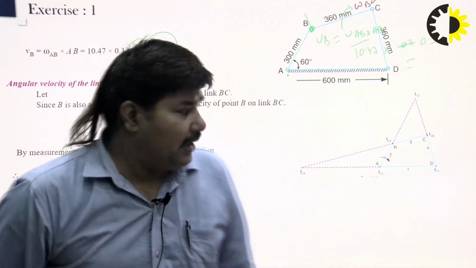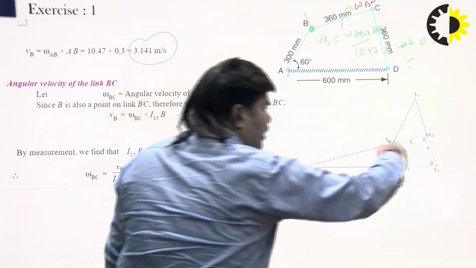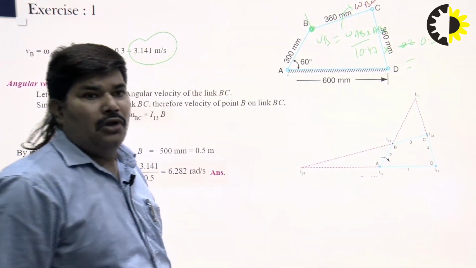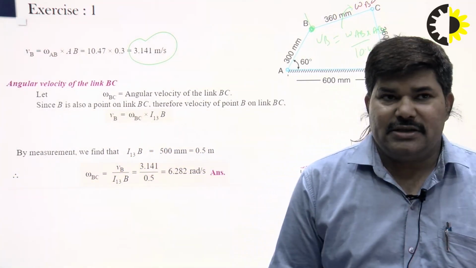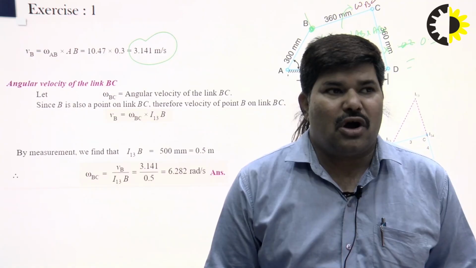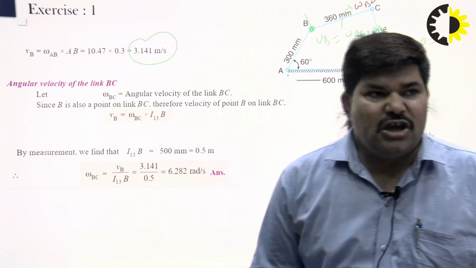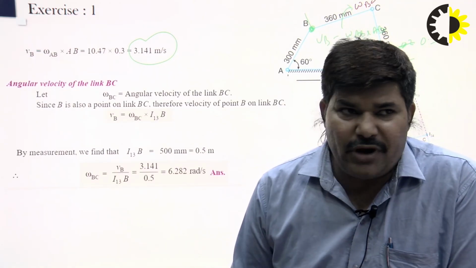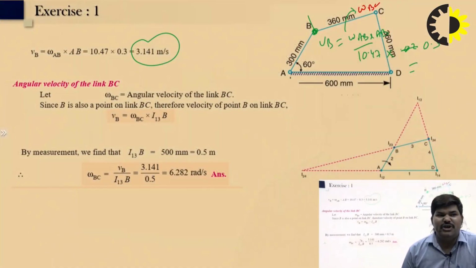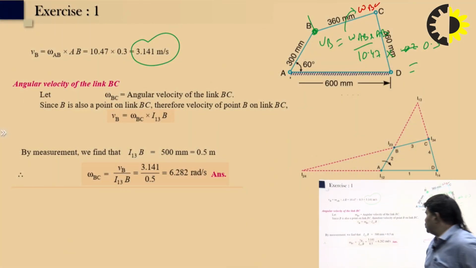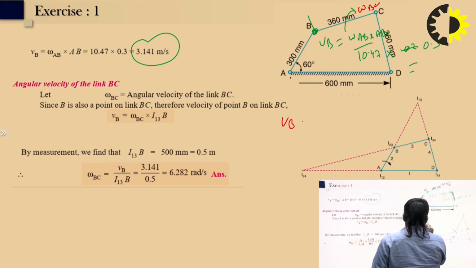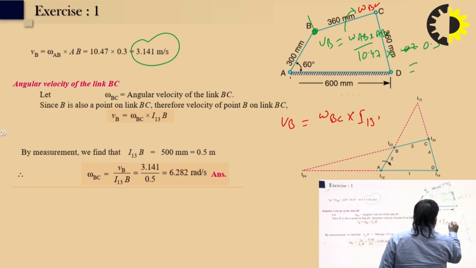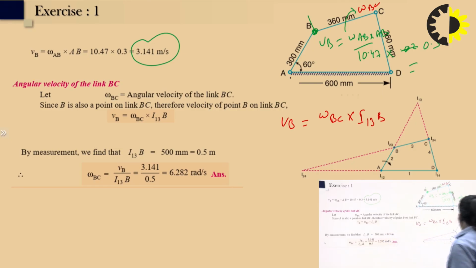We can see here in this instantaneous center diagram that point B is the common point. B is also a point on link BC, and therefore the velocity of point B on the link BC equals omega BC into I13B, right?